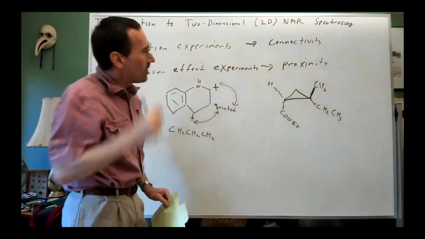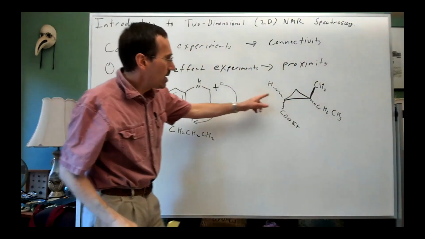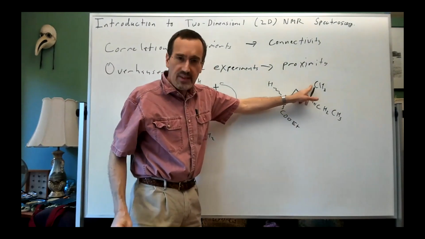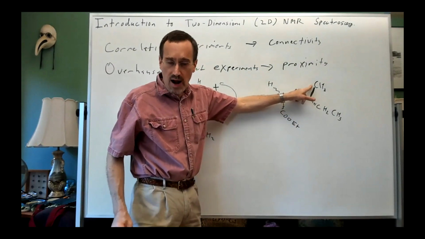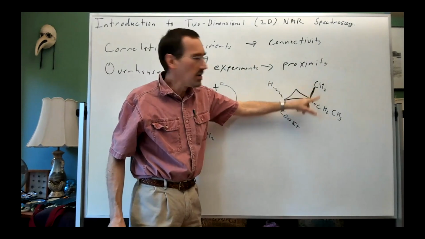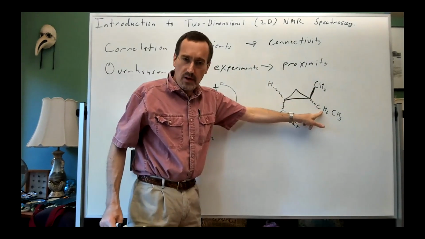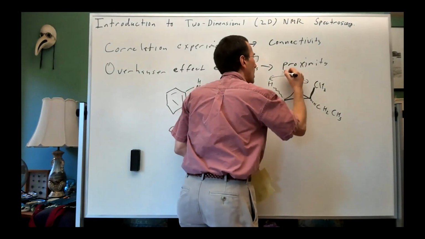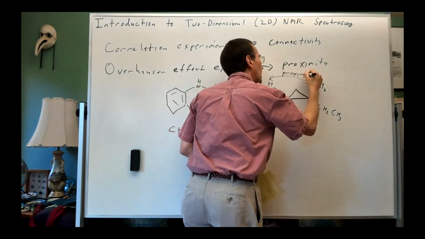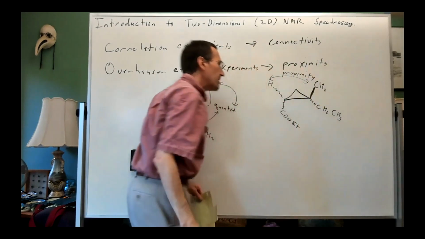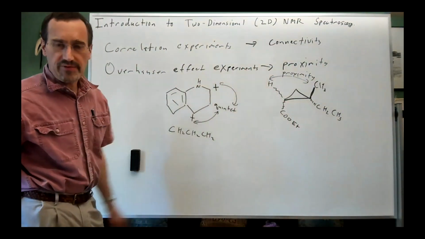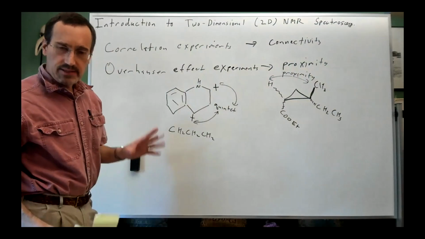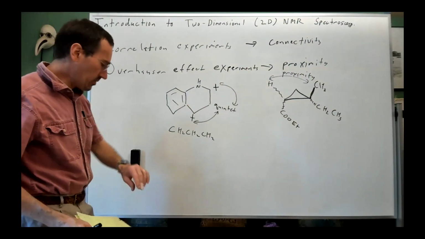And we want to tell the stereochemistry. We want to tell if the hydrogen is proximal to the methyl group or if it's proximal to the ethyl group. In other words, we want to know about proximity. And this is where the Overhauser effect experiments come into being useful.